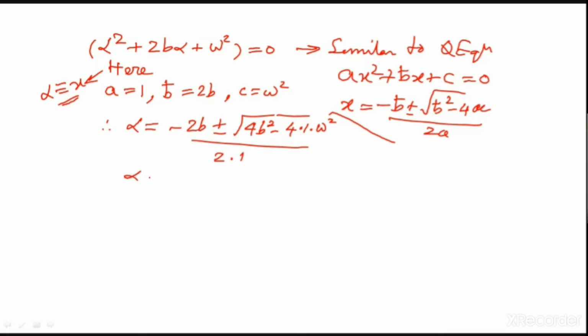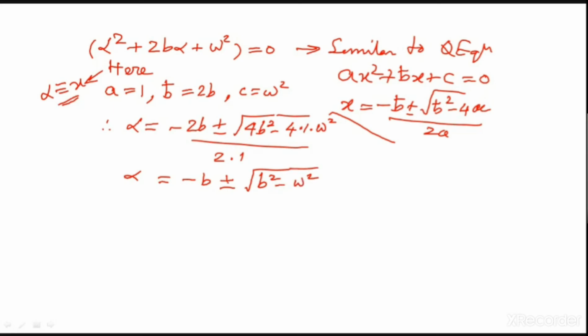Therefore, alpha is equal to this. When you take out this 4 outside the square root, it becomes 2. So 2 is a common factor, and the 2 in the denominator gets cancelled. We will get finally minus b plus or minus square root of b square minus omega square.